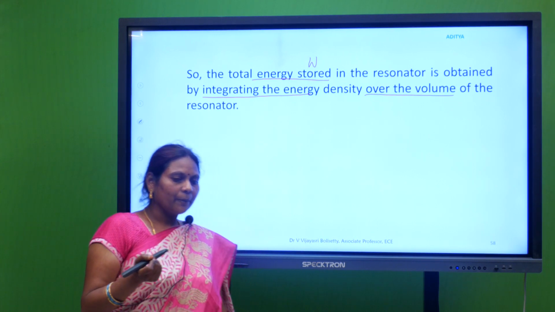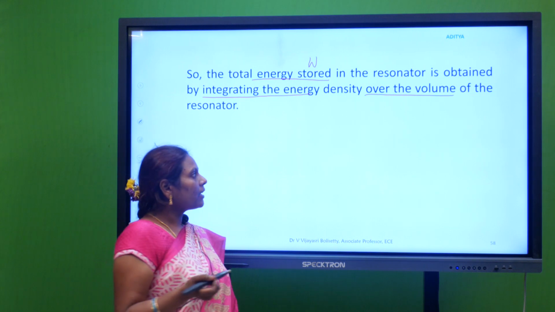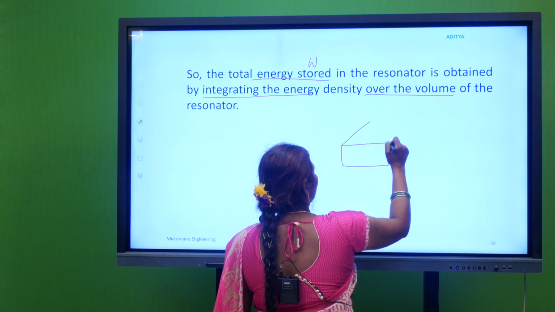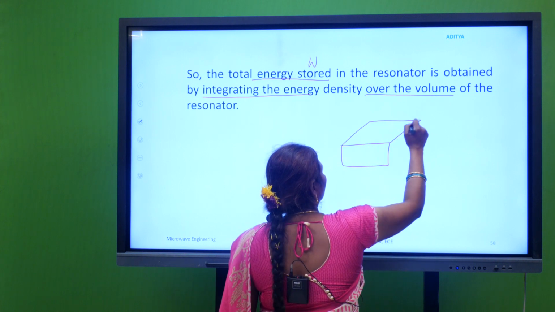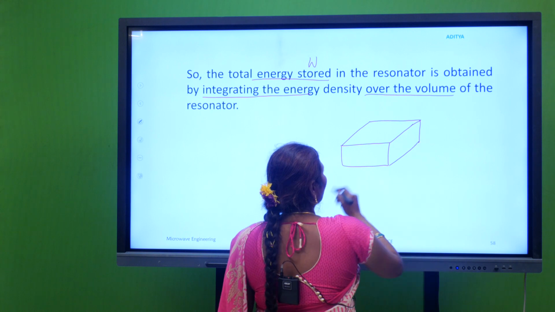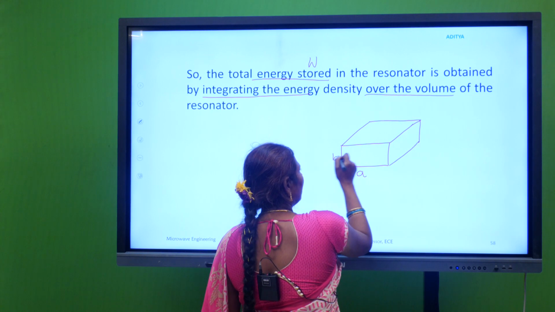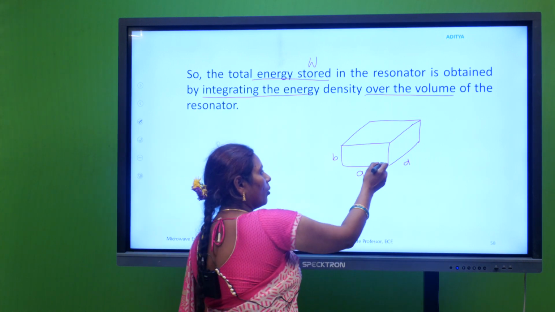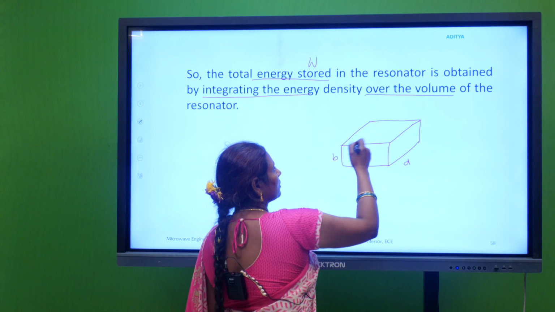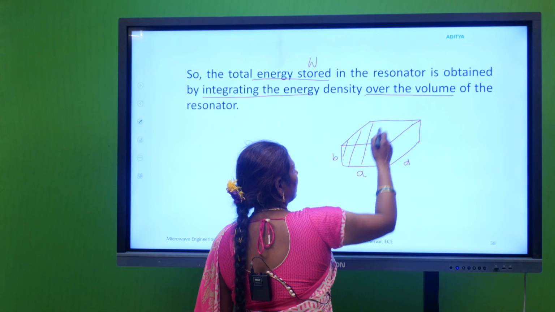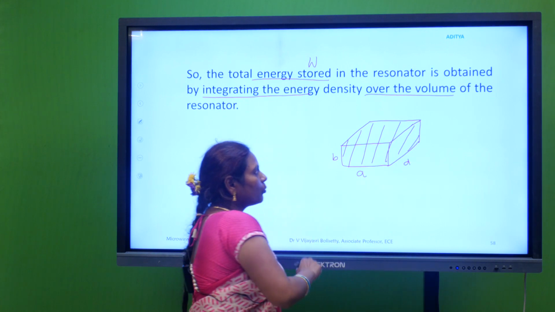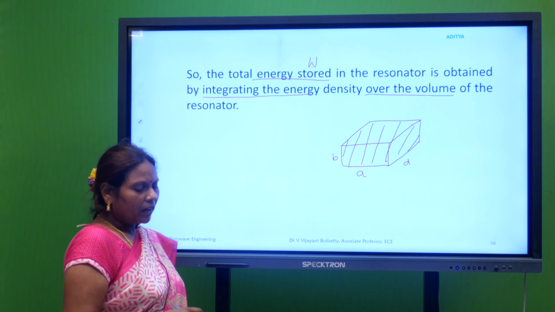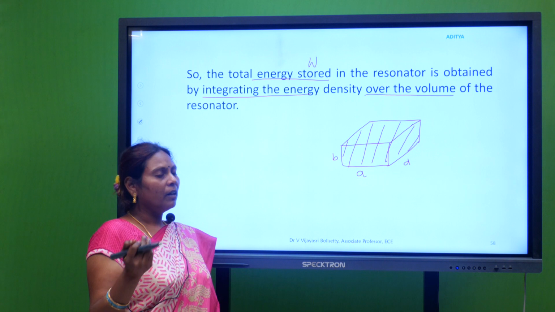For example, suppose we take the rectangular cavity resonator, it has the dimensions A, B and D. If we integrate the energy density over all these dimensions, that entire region we call the volume, then we get the energy stored in the resonator. Either we can integrate the electrical energy or the magnetic energy.